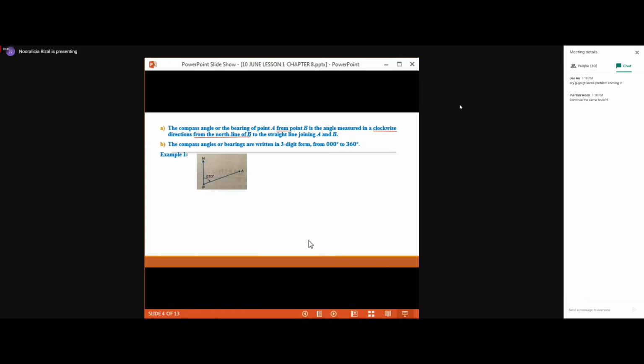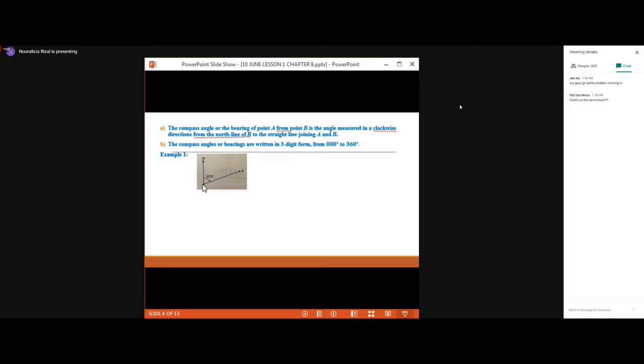All right, so the north line is given, and you know you are calculating the bearing of point A from point B. So you see from point B your north line is there, and from the north line, you look at my cursor, can you see my cursor? I'm doing like a circle right now. I'm going to explain to you using my cursor.